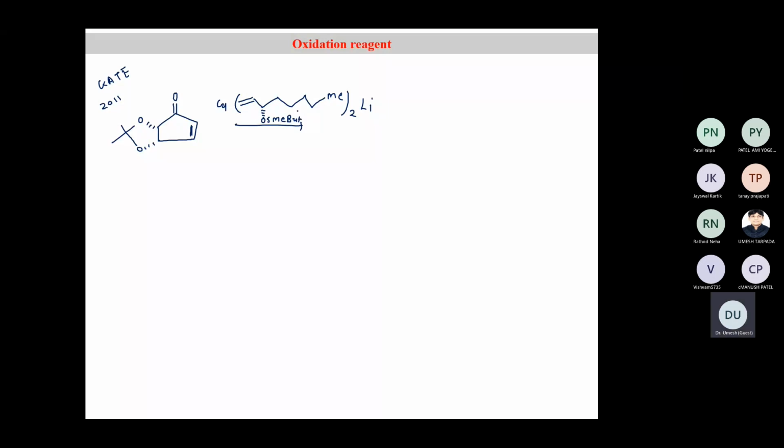This is Grignard reagent, and normal butyl phosphine, tributyl phosphine, in the presence of THF.